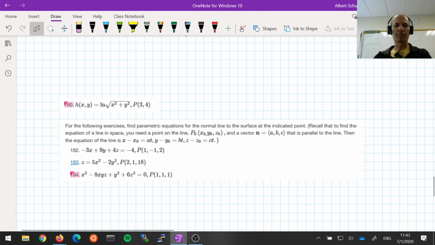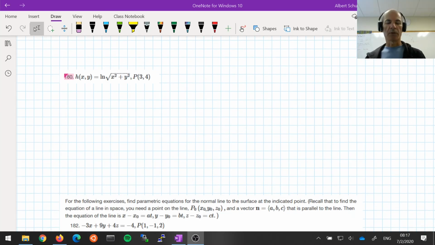Let's keep going. Okay, in problem 180, we're supposed to do the same thing. We're supposed to find the equation of the tangent plane at the point (3, 4). I'm going to assume that you guys can kind of figure that out, and what I want to do instead is I'll give you the tangent plane, and I want to talk about this idea of using the tangent plane to approximate the surface near the point of tangency.